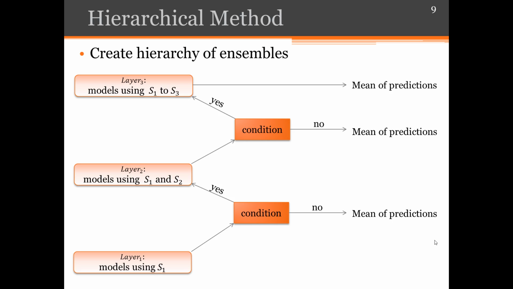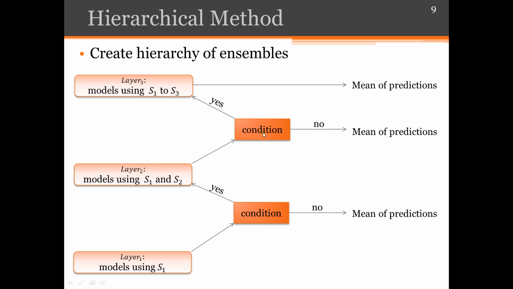And based on some conditions, we're going to start with the cheapest ensemble, which is layer 1. Based on some conditions, we have to decide if we need to go to a more expensive, more accurate ensemble or not. If no, the mean of predictions of ensemble 1 is going to be accepted. Otherwise, we're going to use ensemble 2.